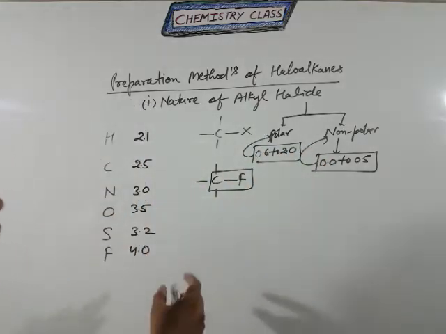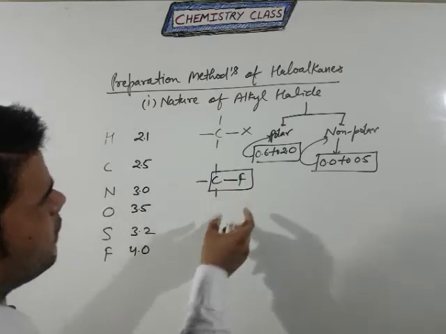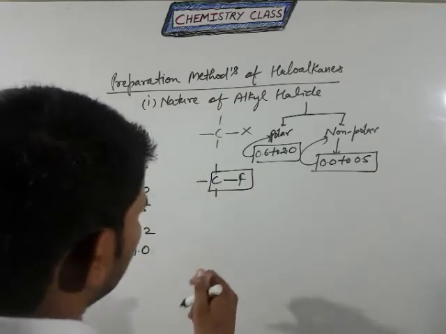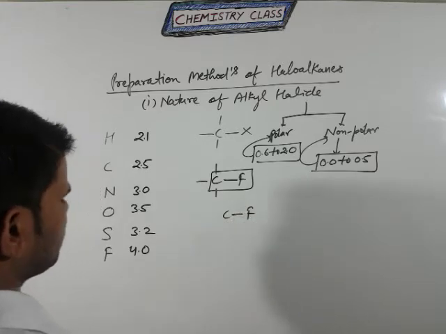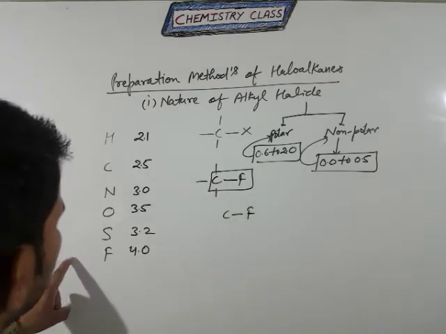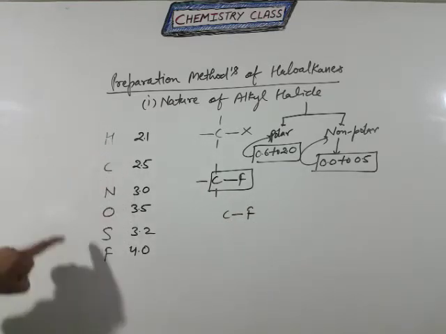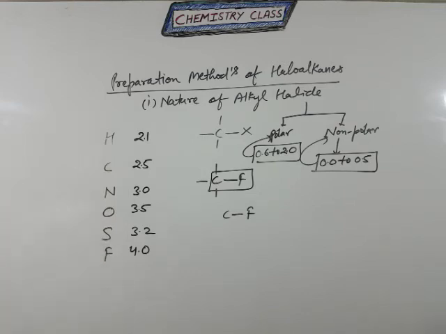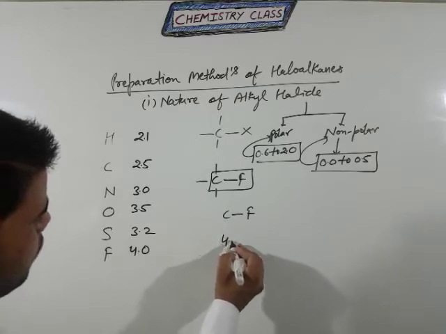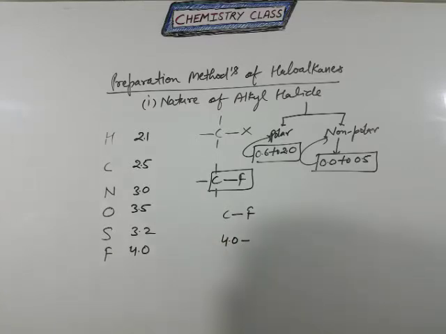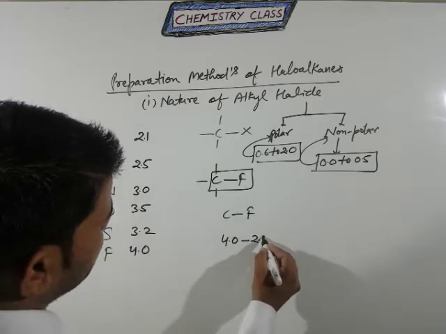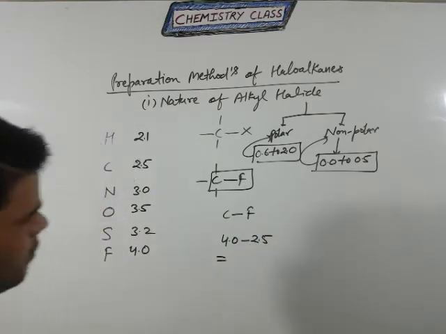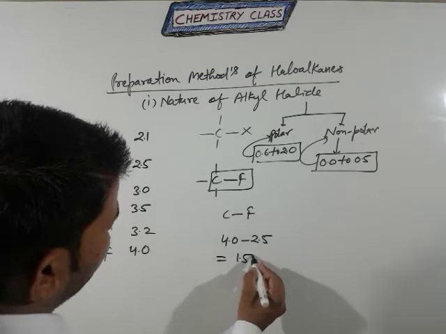So students, let us take the carbon and fluorine bond. Which one has the maximum electronegativity in this series? Fluorine is maximum, 4.0, minus the carbon electronegativity 2.5, so you get 1.5.